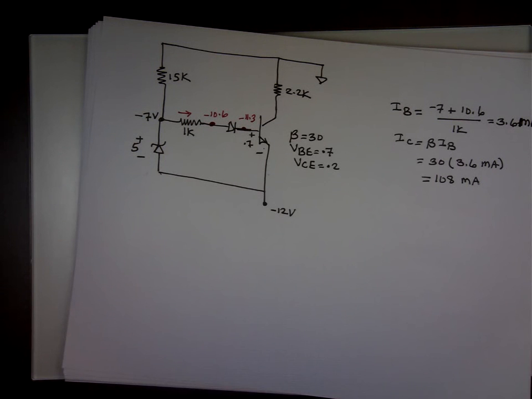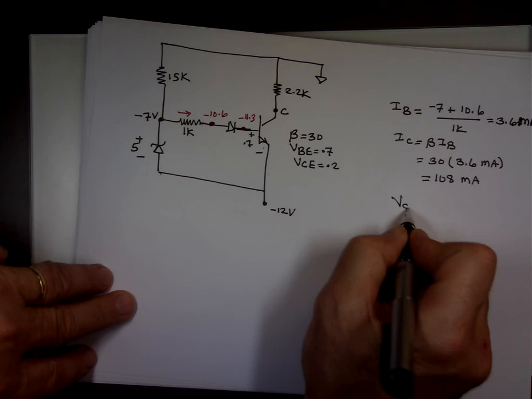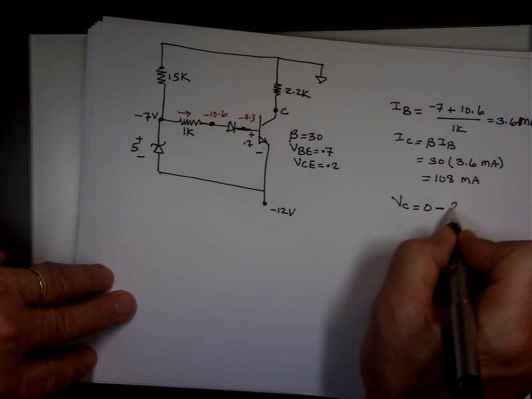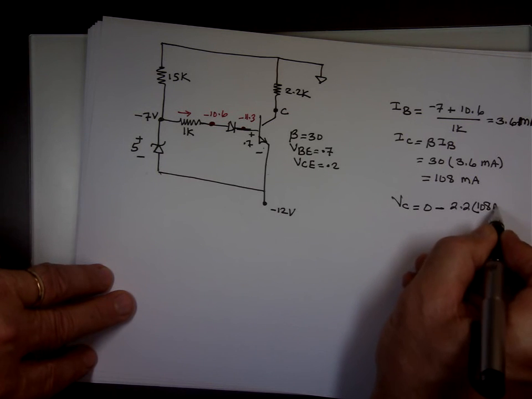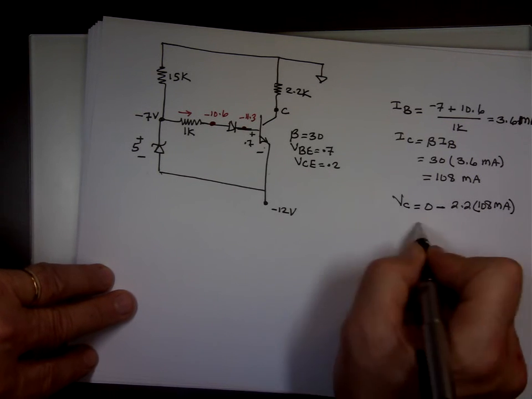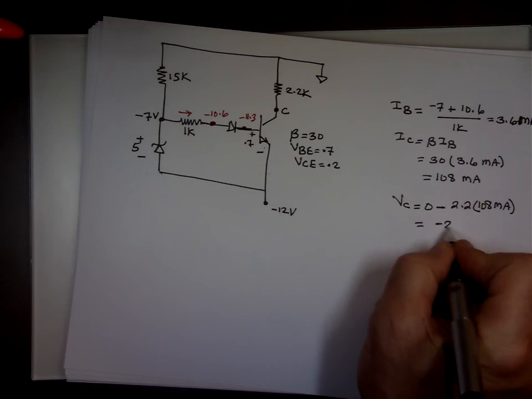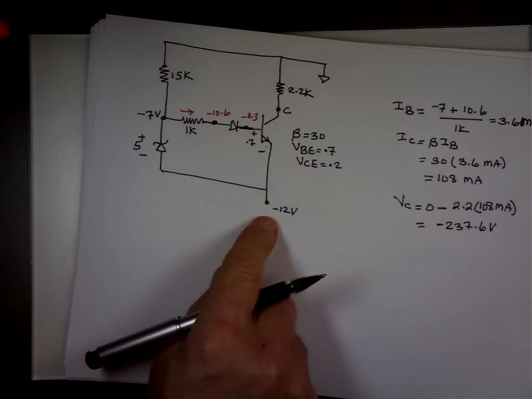So what's the voltage at C here? It is 0 minus 2.2 times 108 milliamp. Again, that's a large negative value, which is negative 237.6 volts.